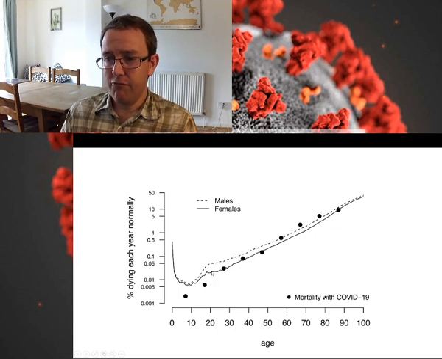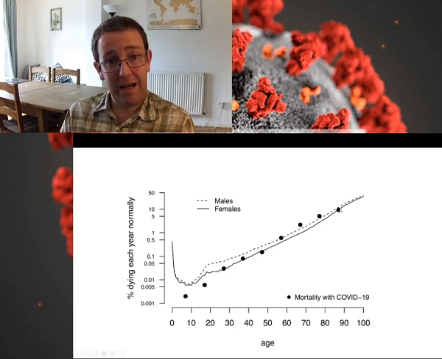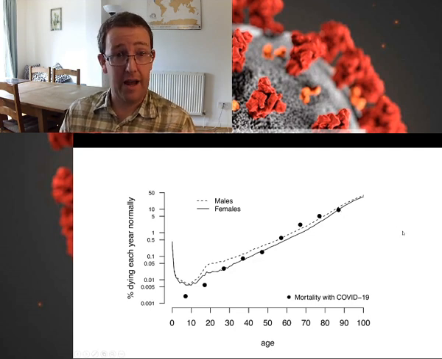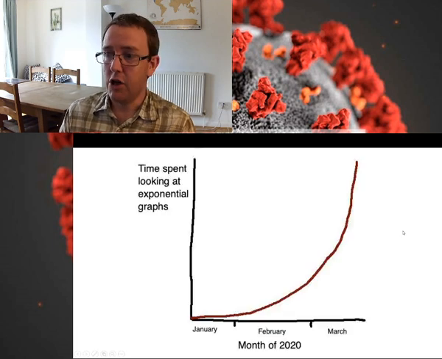That's roughly the same as our mortality with Covid-19. As your age goes up, the chance of your dying goes up, but it's the same as your standard risk of death, which I just thought was an interesting correlation.